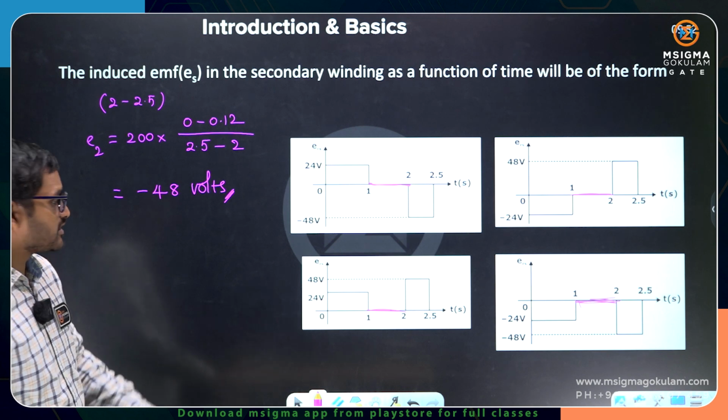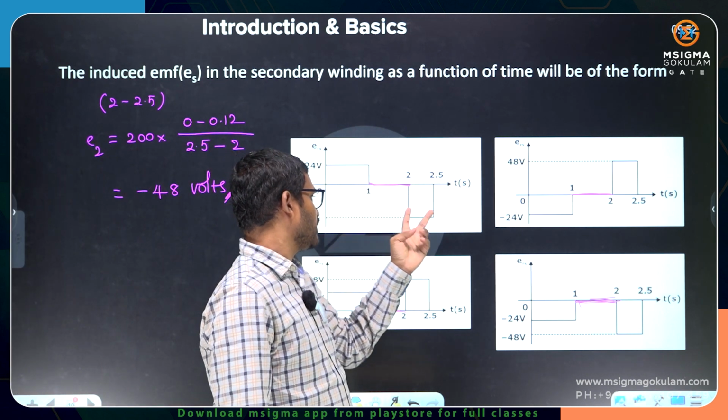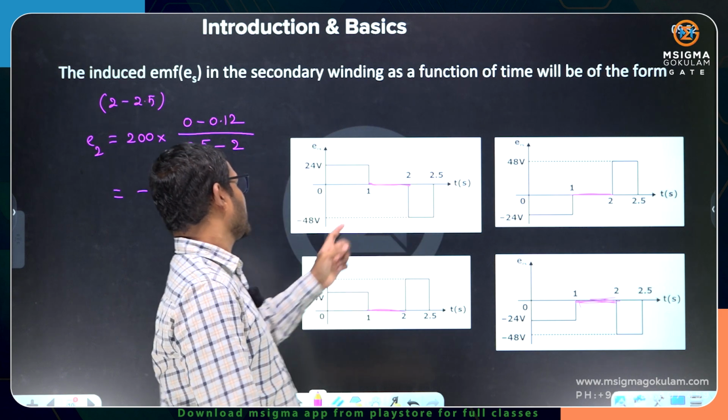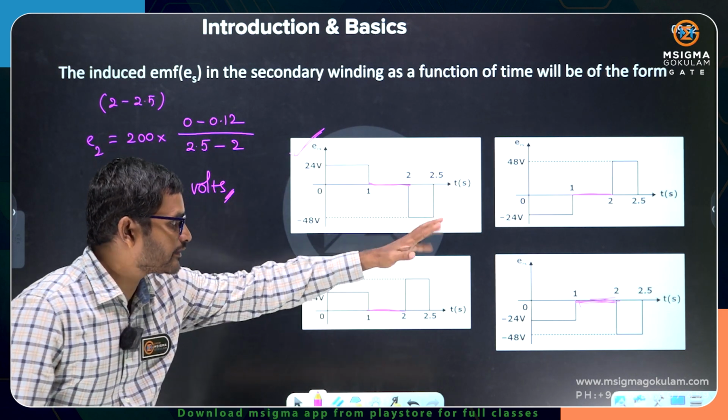So 0 to 1 is 24, 1 to 2 is 0, and 2 to 2.5 is minus 48. This waveform option is satisfying; the remaining options are not.